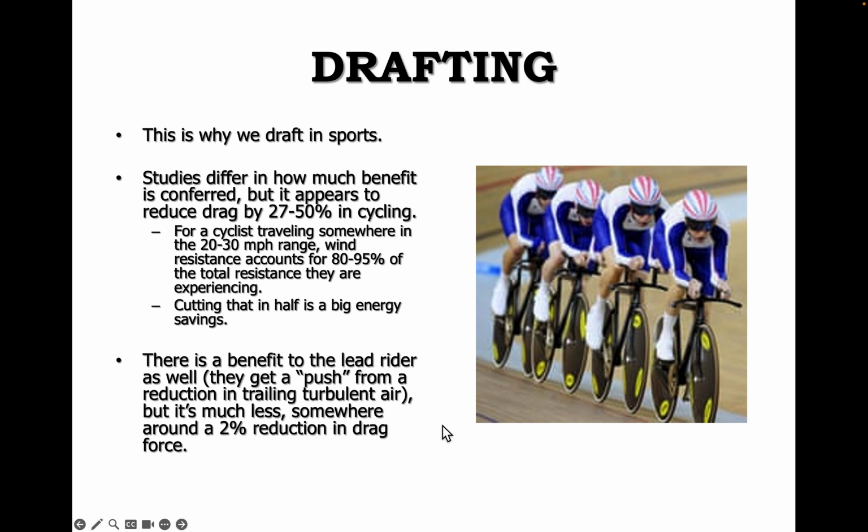This reduction in drag force is roughly 2% for the lead rider, but 2% is much less than the 27 to 50% for the rear riders. We'll talk about this little push from the trailing turbulent air a little later in this PowerPoint set.